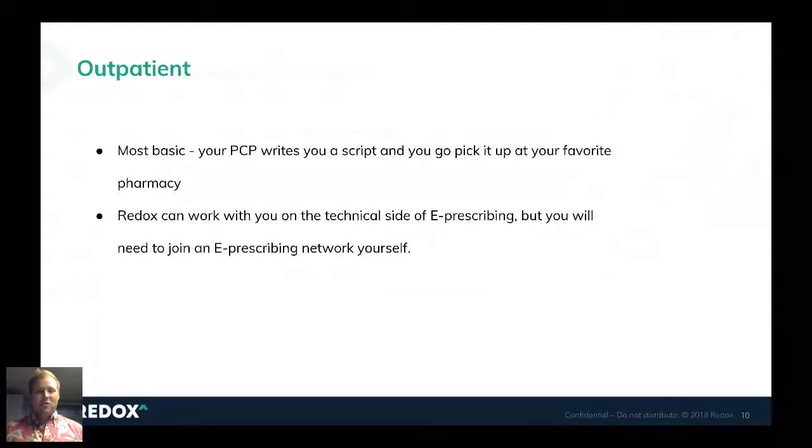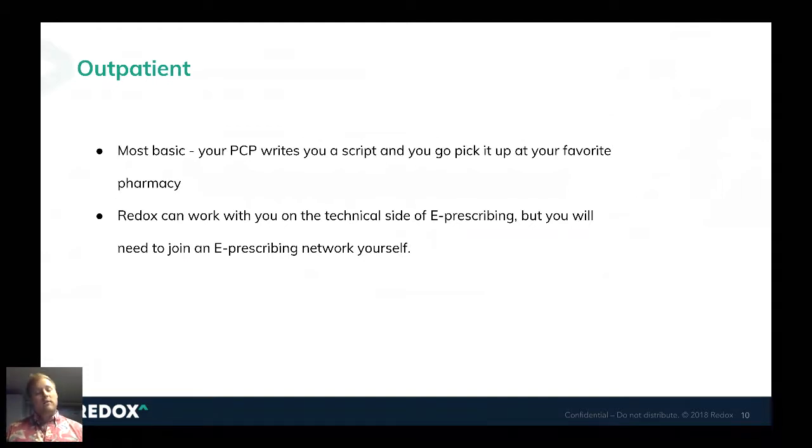Of course, that's very oversimplified, but outpatient medications are usually from your PCP, or maybe you're getting discharged from the hospital and you're supposed to pick up some medications at a pharmacy. It's not necessarily a very complex type of medication. It's something that a pharmacy, like a CVS or Walgreens, would stock. And it could just be something over the counter too.